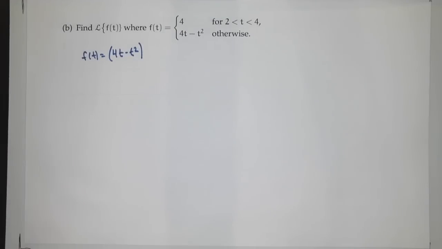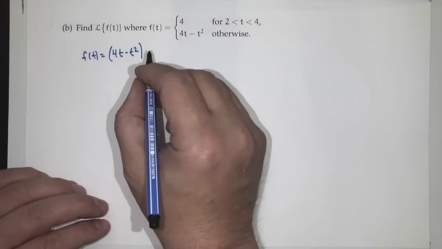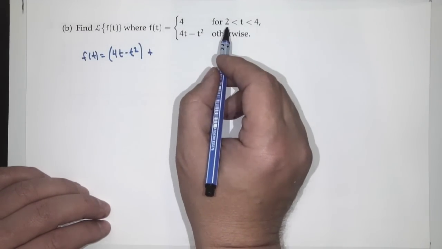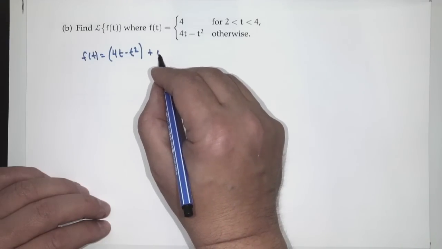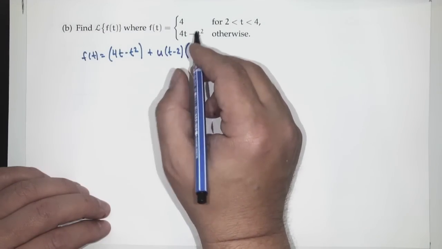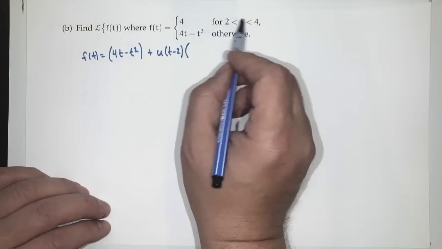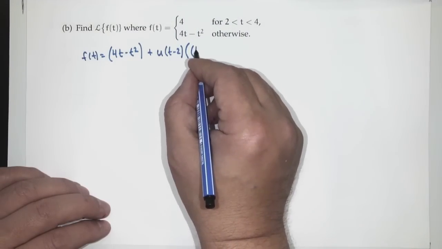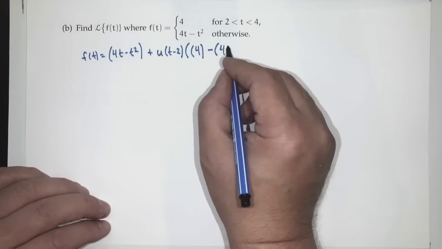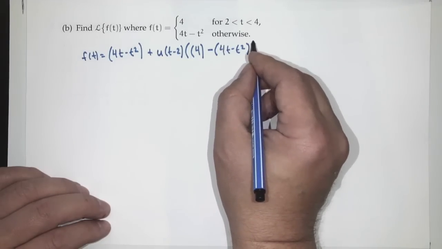Where do we change behavior? We change behavior at 2. So we have u of t minus 2. Our behavior after 2, we flipped, so it's now 4. So we're turning on the 4, subtract, turning off the 4t minus t squared.